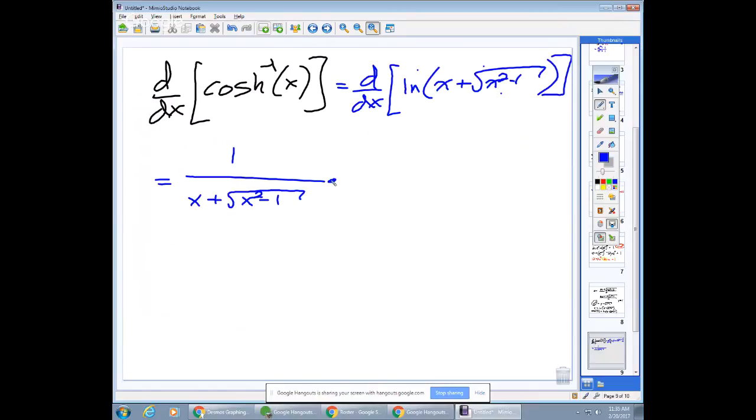The derivative of the interior there is 1 plus, and I'm going to keep that in square root form. That would be 1 over twice the square root. And then when I take the derivative of that square root, I have to multiply that by the derivative of the inside. The derivative of x squared minus 1 is 2x. So the 2x goes right there.